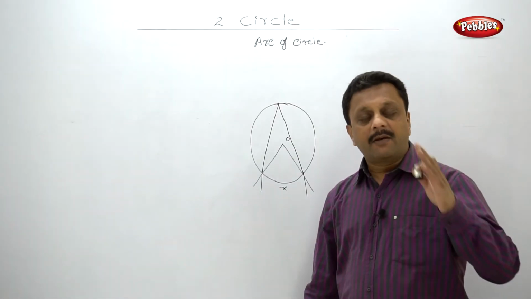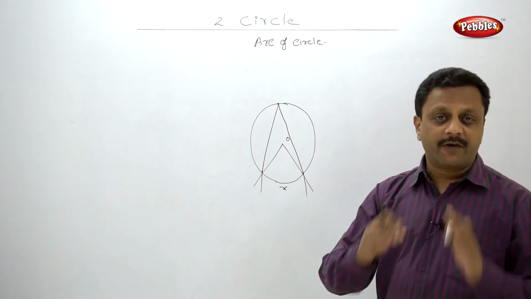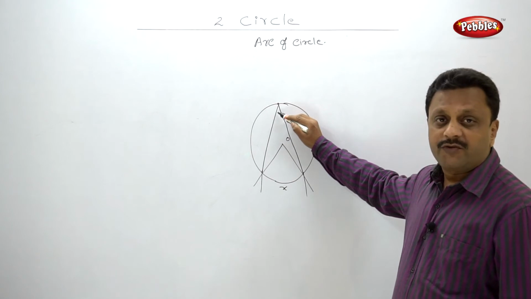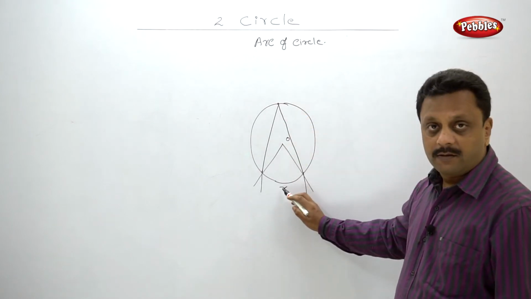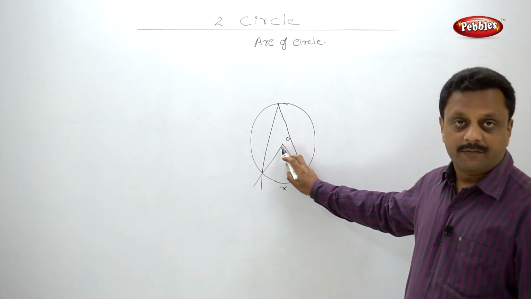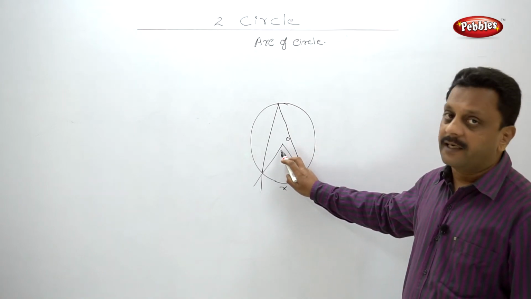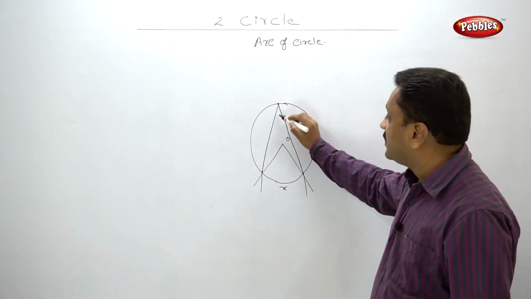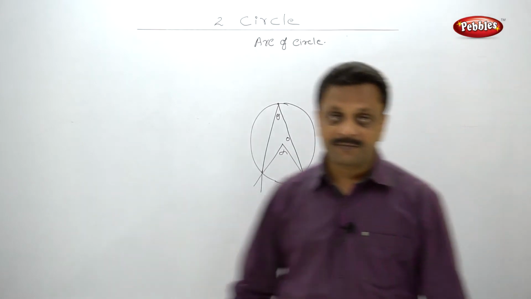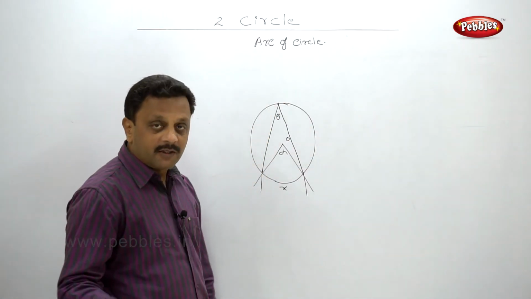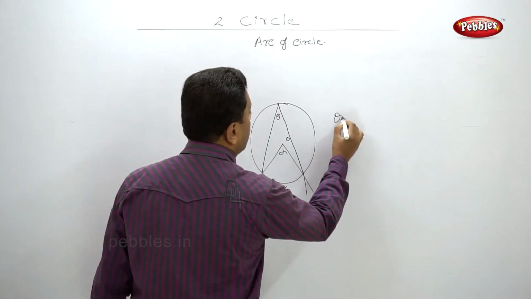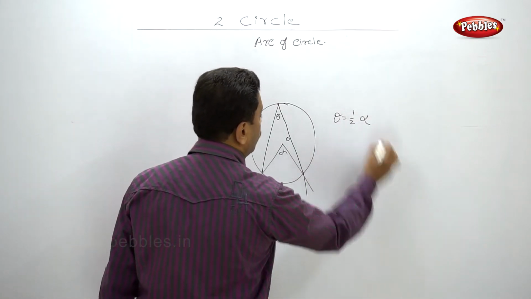The inscribed angle theorem says in very simple words that this angle, which is far away from this arc, is half of the central angle, the angle subtended at the center. So if I say this is angle theta and this is angle alpha, then in simple words, the inscribed angle theorem says that theta is equal to half of alpha.